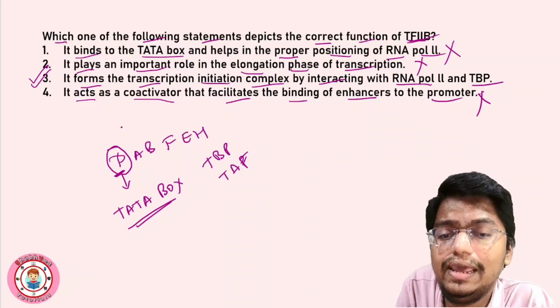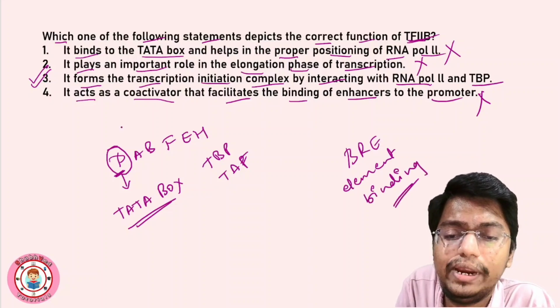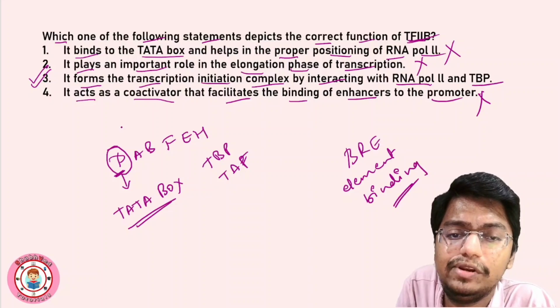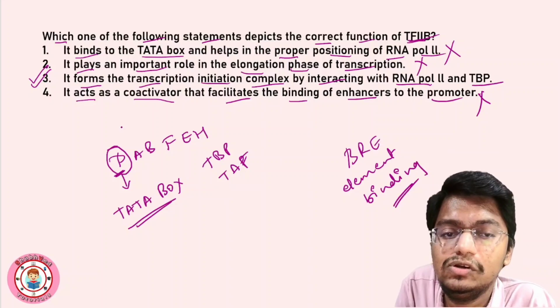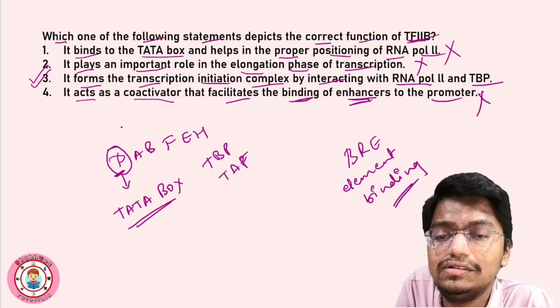Exact role इसका है BRE element binding. BRE is a promoter sequence. BRE को बाइंड करता है for efficient transcription initiation. तो जो फोर्थ स्टेटमेंट में दिया है बाइंडिंग ऑफ इनहैंसर्स, ये रॉन्ग है.